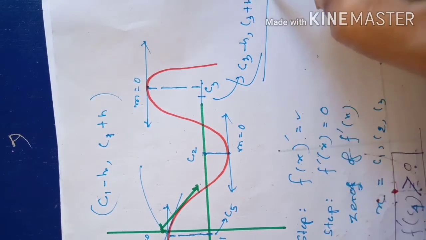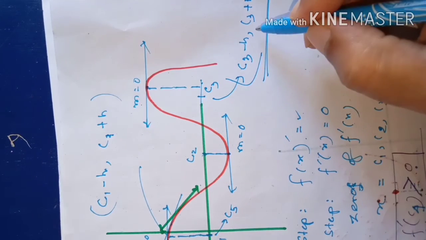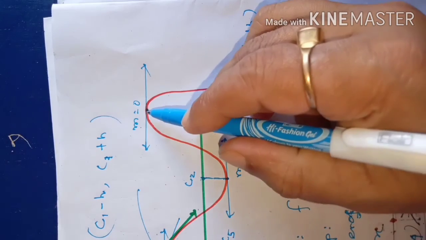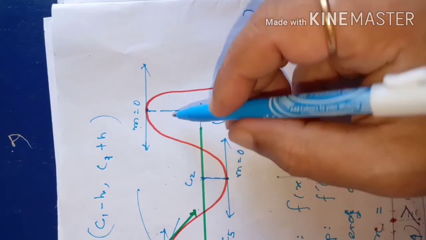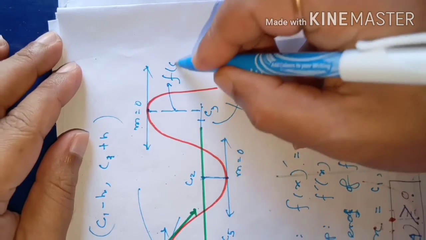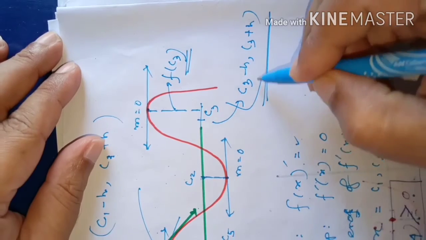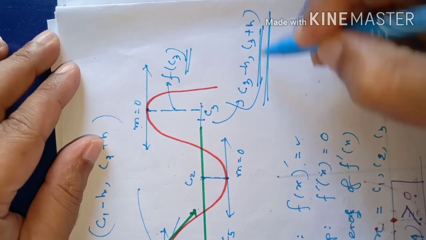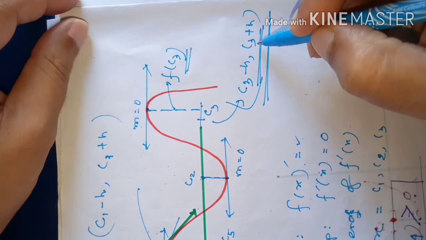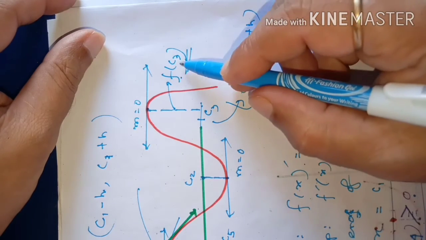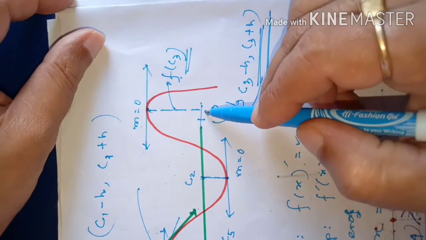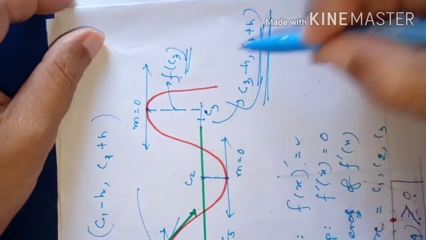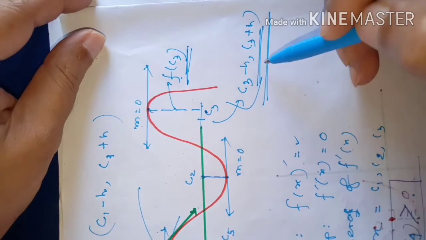In that particular interval, the function's value f of C3 is the maximum value.